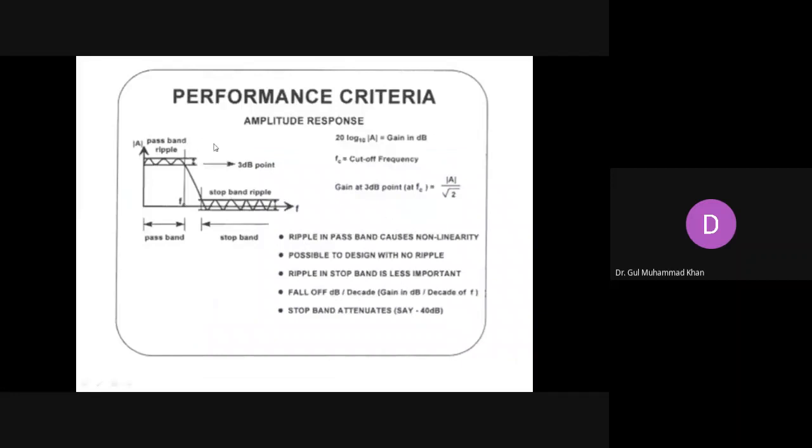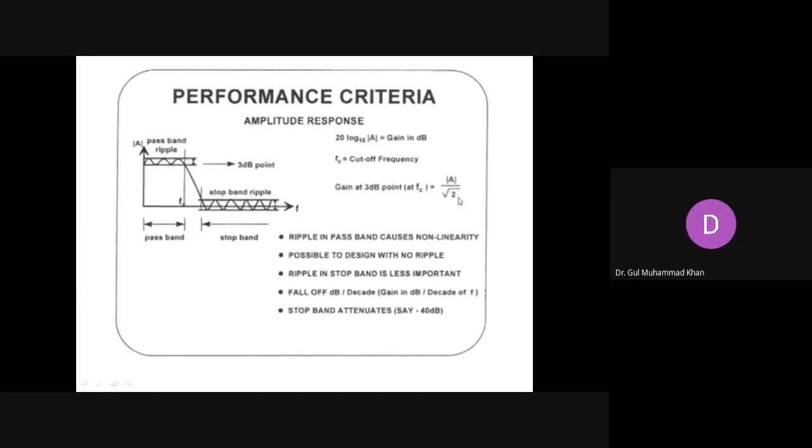Okay, so it's just a little board discussion about what we consider as a cutoff frequency. It is when the response of a filter goes down by 3 dB, which actually means that the amplitude has dropped to the maximum amplitude divided by the square root of 2, that means 0.707 of the original value.